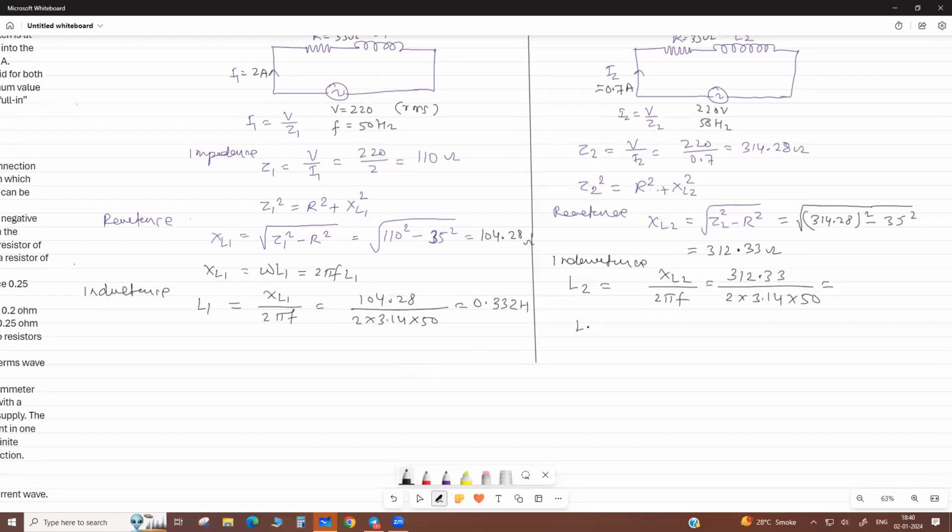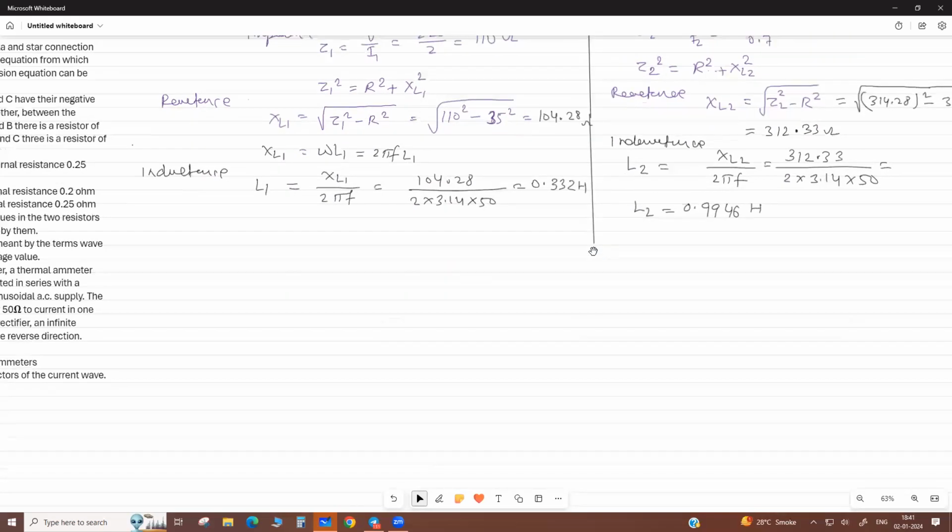So L2 is 312.3 divided by 2 into 3.14 into 50. This comes to 0.9946 Henry. Okay, clear? The first part is over.